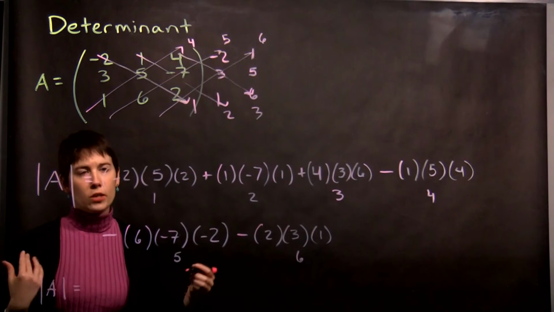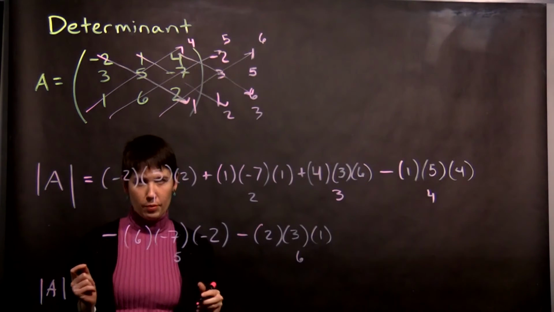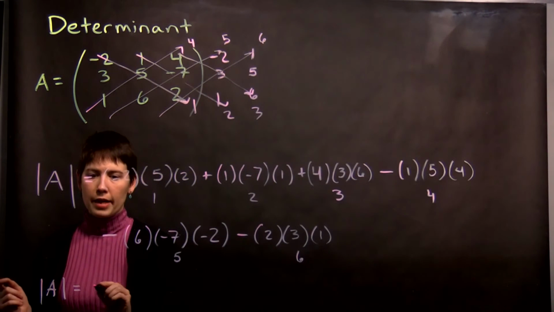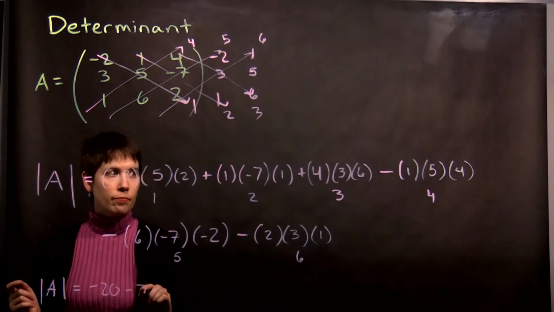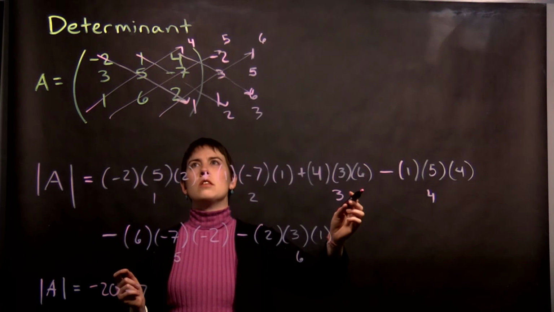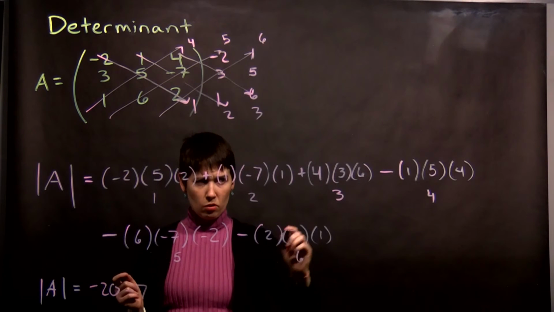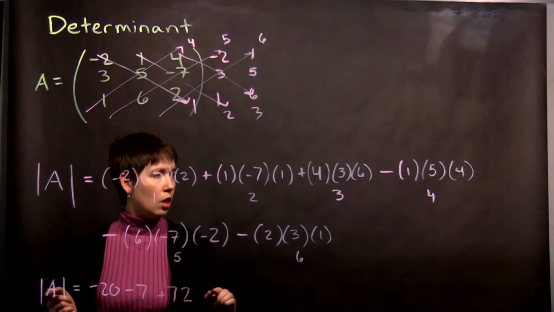Okay, so now I need to go through and actually do out the multiplication. I'll bring it together and see if I can add it up in my head. So that first term, 2 times 5 times 2, is 20, -20, and then -7, 4 times 3 times 6. Notice I can barely read my own handwriting, which is a bad sign. So that's 12 times 6, which is 72. I hope.